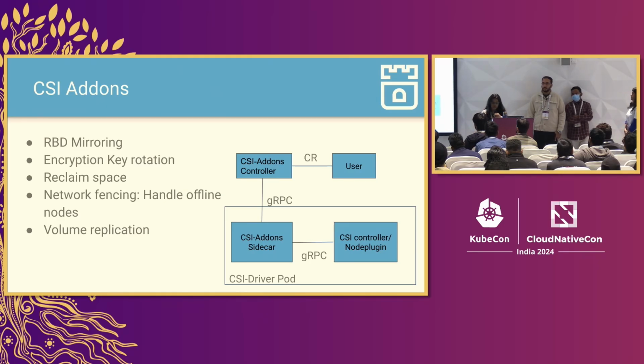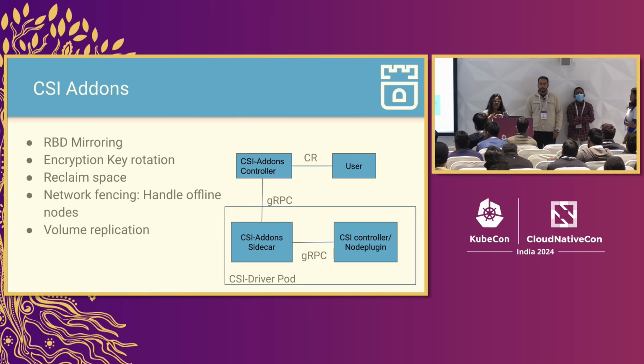So let's talk a little bit about each of these features. Reclaim space is the operation that executes the sparsify command on the images and fstrim on the file system mode, to reclaim unused space. This enables storage admins to have an accurate idea of the storage consumption in the cluster, so that they can reclaim space which is not required. Coming to network fencing, it provides the API for blocking a list of IP ranges.